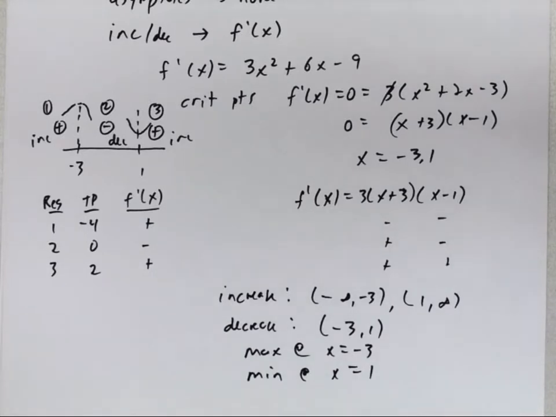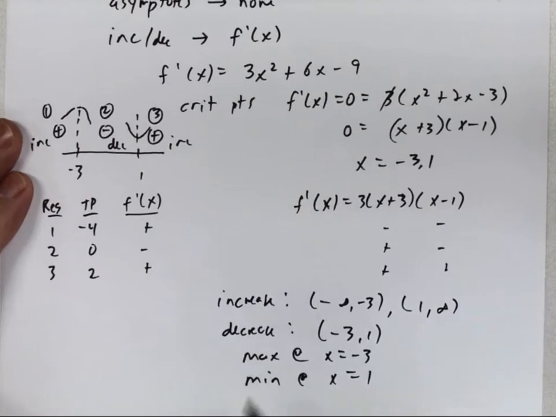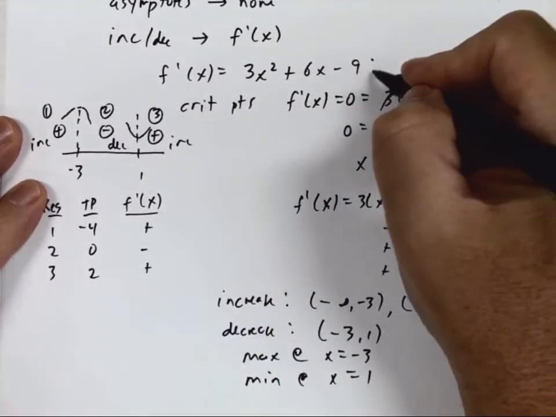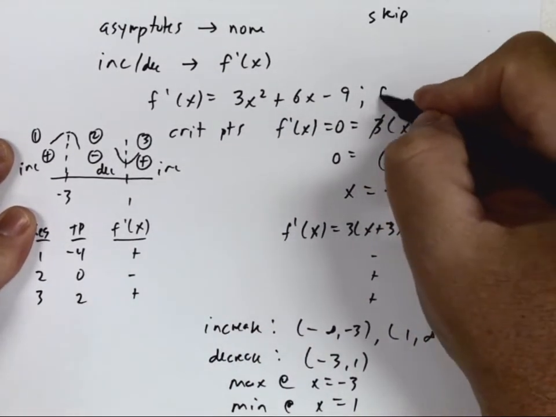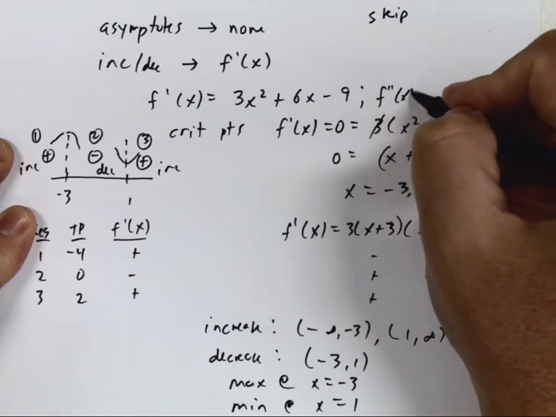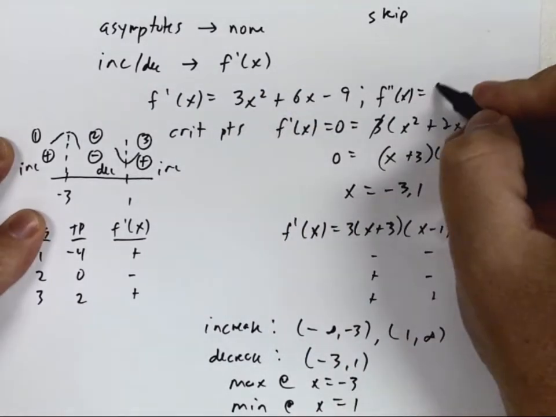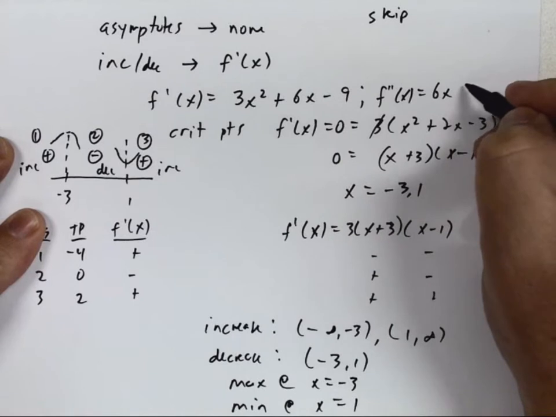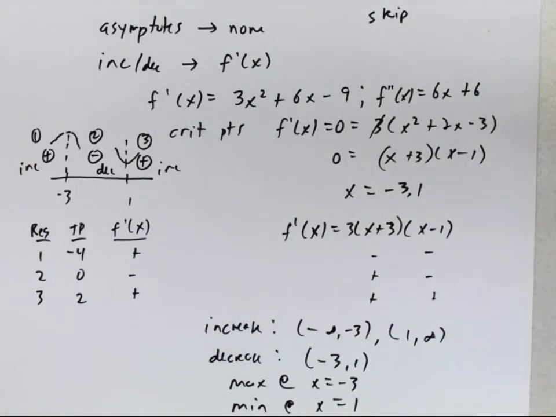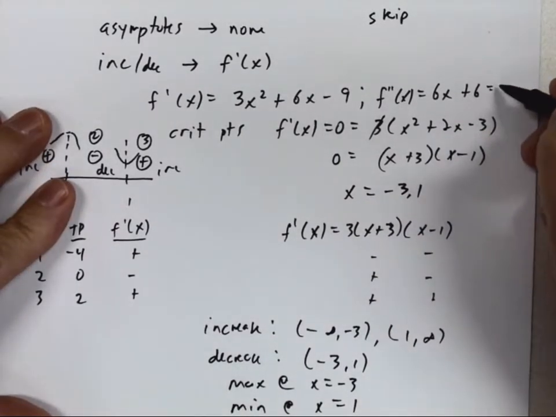The last thing I talk about is concave up and down and any inflection points. All that is determined by the second derivative. I'm going to go back, let me do it up here, because it's going to be pretty straightforward. Calculate the second derivative, 6x plus 6, or if you factored it, x plus 1.